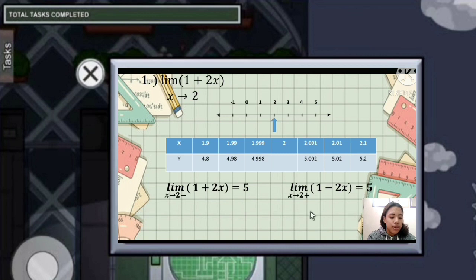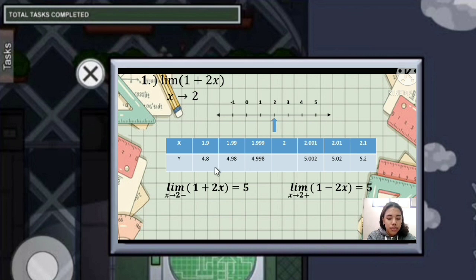We will have a table of values to answer this problem. We will have a table of values approaching 2 from the left and another table of values approaching 2 from the right. We will start approaching 2 from the left. Our x values are 1.9, 1.99, 1.999.